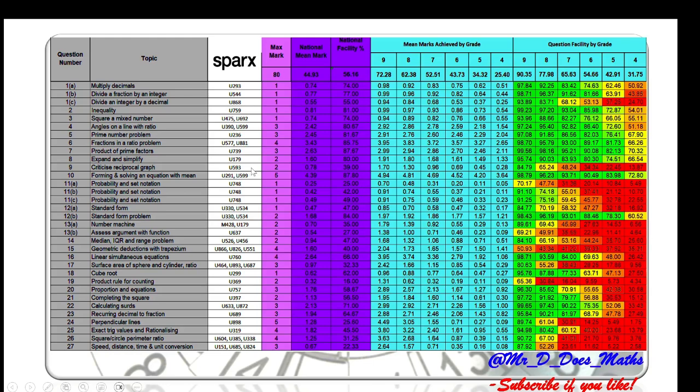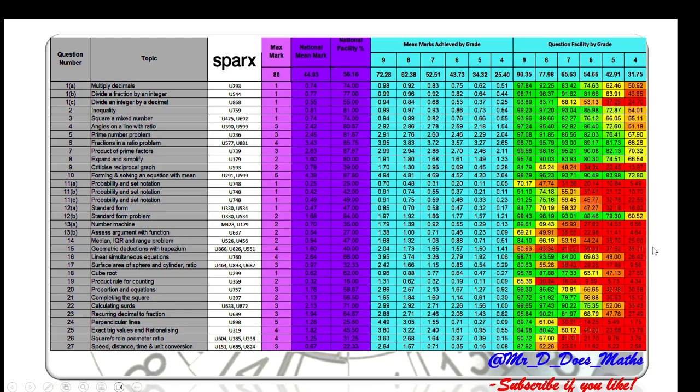U593. This is also quite useful because it gives you the grade boundaries for this paper, and it also tells you how well each grade student found these questions. So, for example, for the grade 9 students, this one was viewed as the lowest scoring, that was question 15, and that was pretty much across the board.